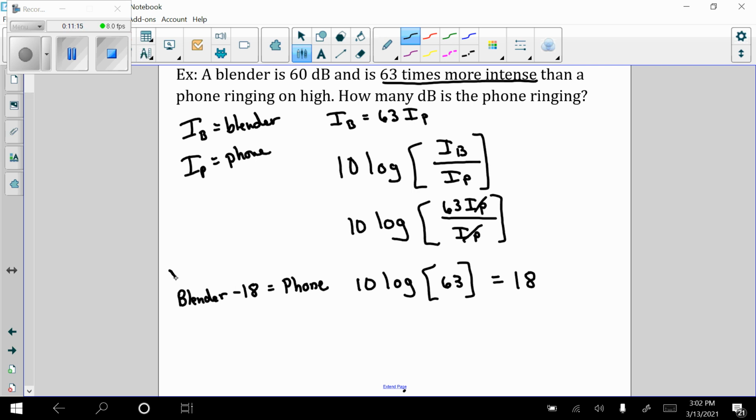The last two examples, I was able to calculate this subtraction. So my blender is 60 minus the 18 is going to give me my phone, which is 42. You just really got to understand what you're pulling out of these problems and what you're trying to calculate.